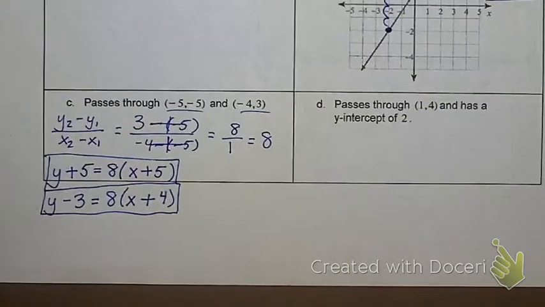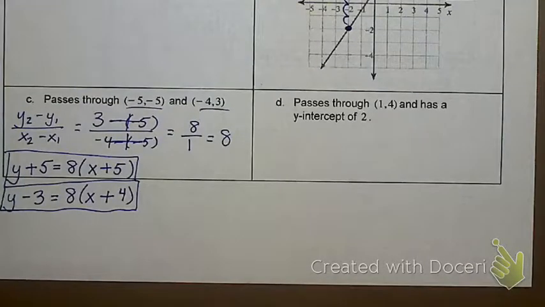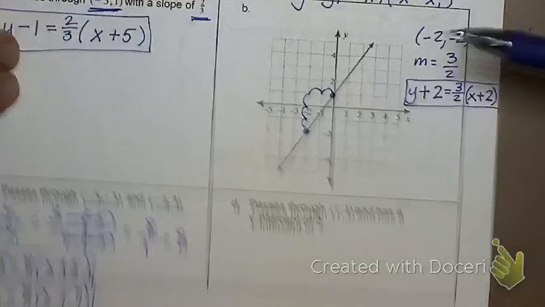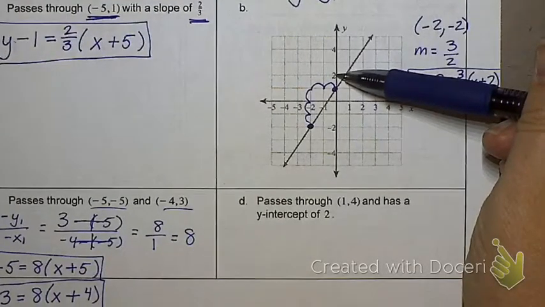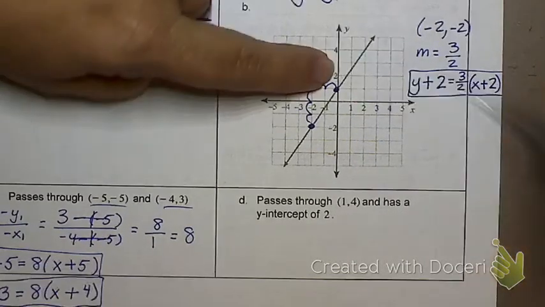Okay. Letter D is a little funky. It passes through the point 1, 4 and has a y-intercept of 2. Well, if I look at this graph right here, just as a reference, a y-intercept of 2, isn't that a point? Is it a point on the graph? Yeah. Therefore, it is an ordered pair.